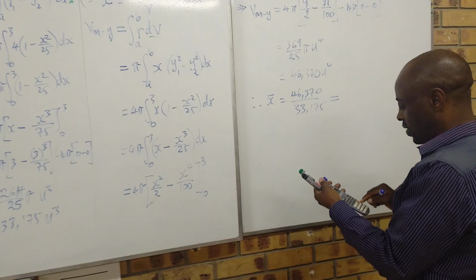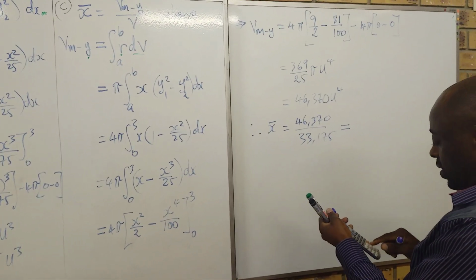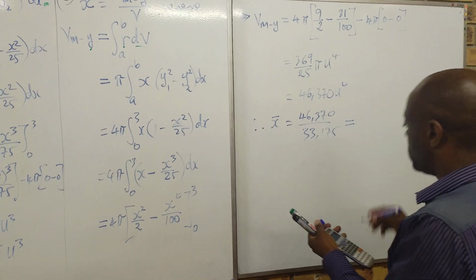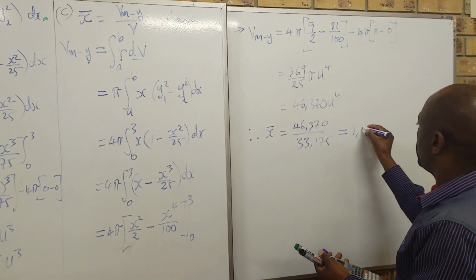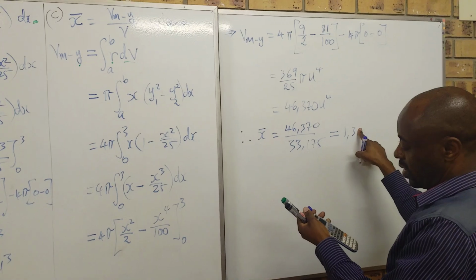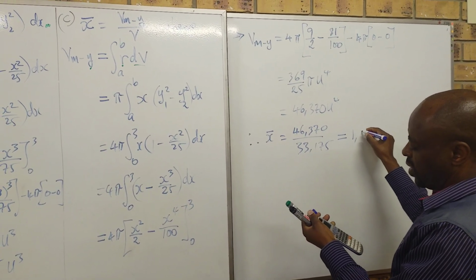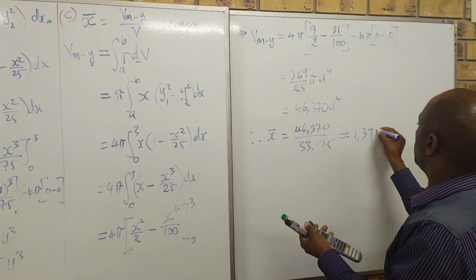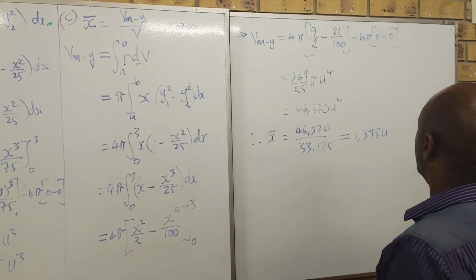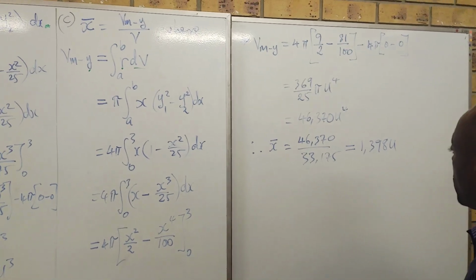So if you divide by 33,175, we get approximately 1.397. We can just say it's 1.398. 1.398 units. So that is our x coordinate of the center of gravity.